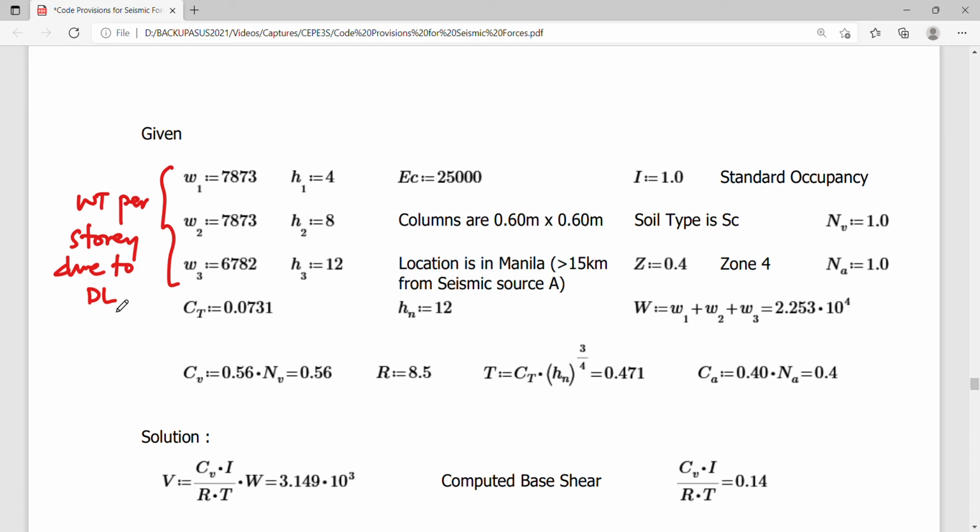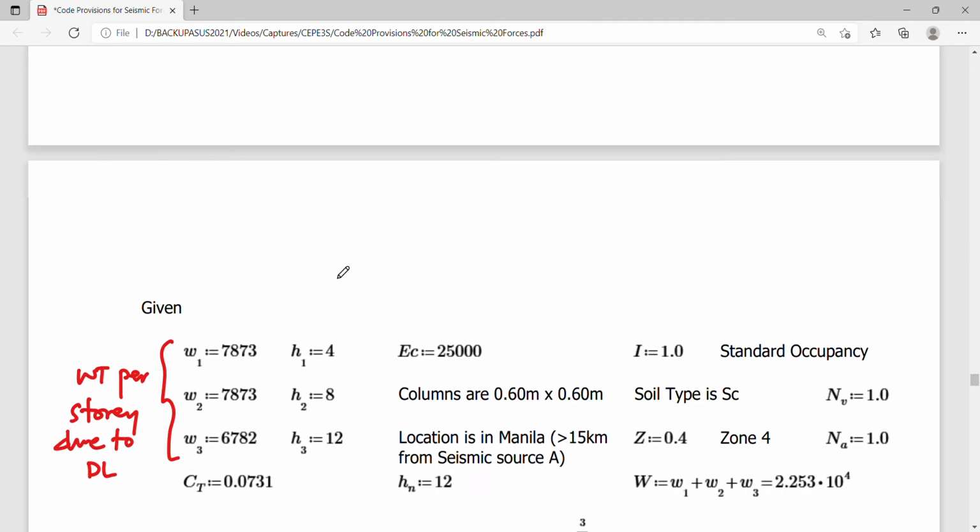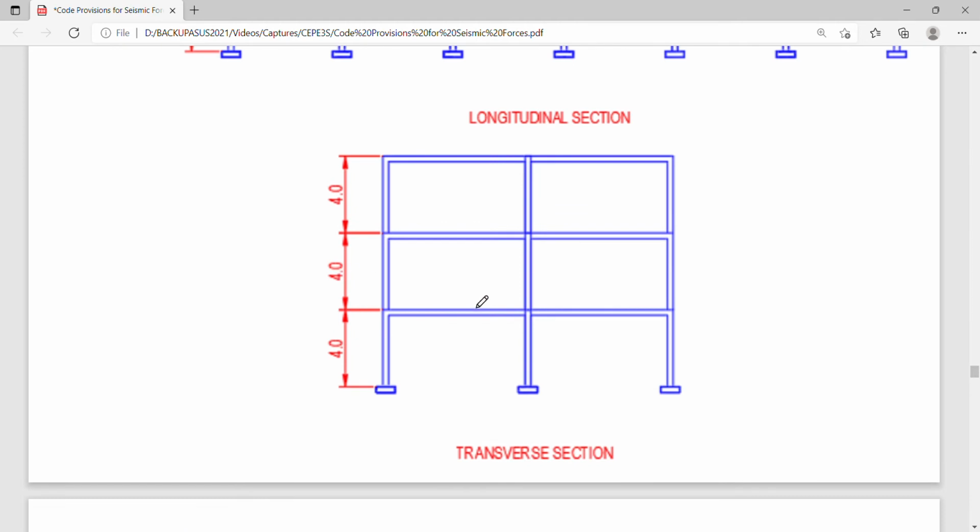Okay, for the heights, since this is simply 4, 4, 4, we have the H1, H2, H3 computed fairly by simply adding the story height over the other. So your H1, H2, and H3 simply refers to this.